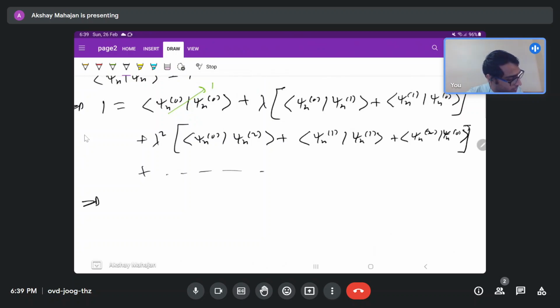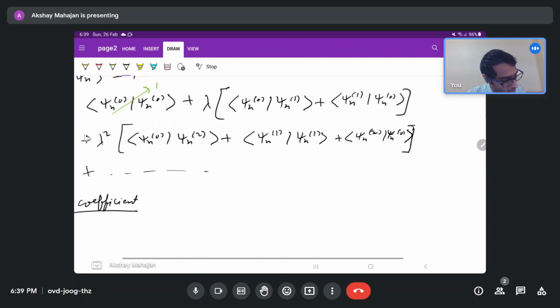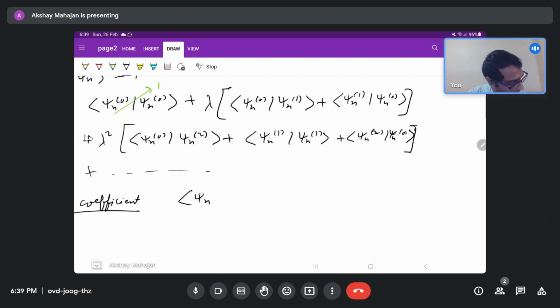Now from the lambda coefficient, what we get is that psi n0 psi n1 plus psi n1 psi n0 has to be equal to 0, and you can see they are just complex conjugates of each other.